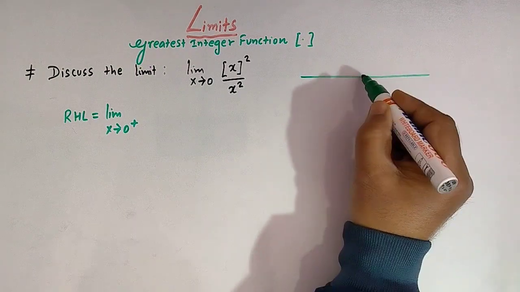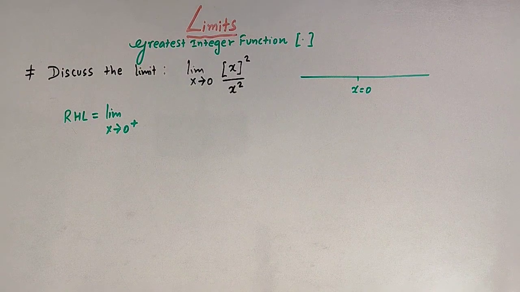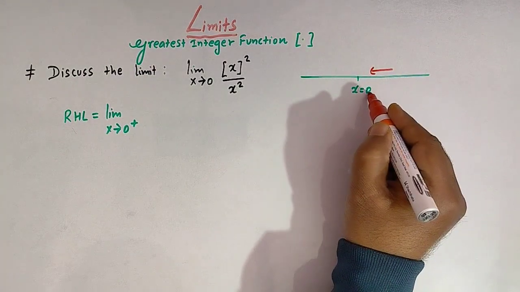See, here we have the number line and here we have x equal to 0. When we find the right hand limit, we are approaching from the right of x equal to 0.